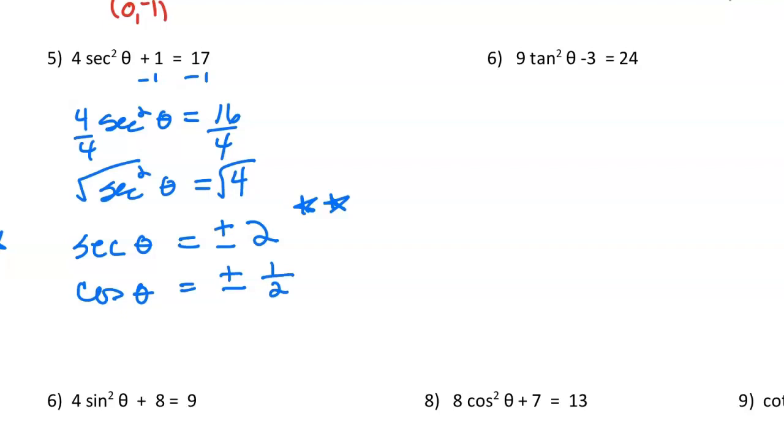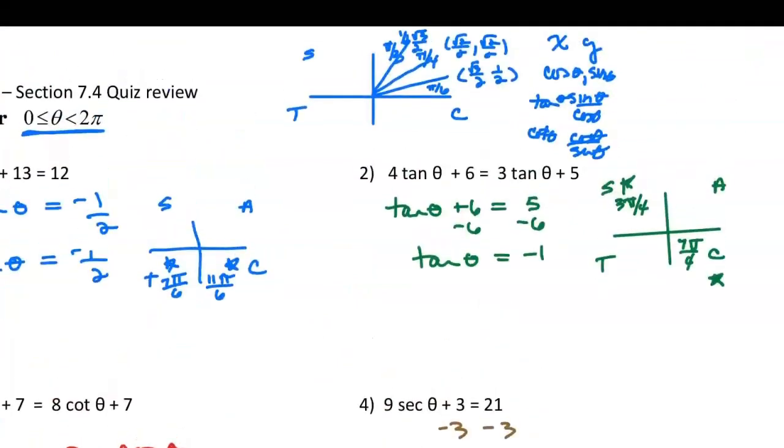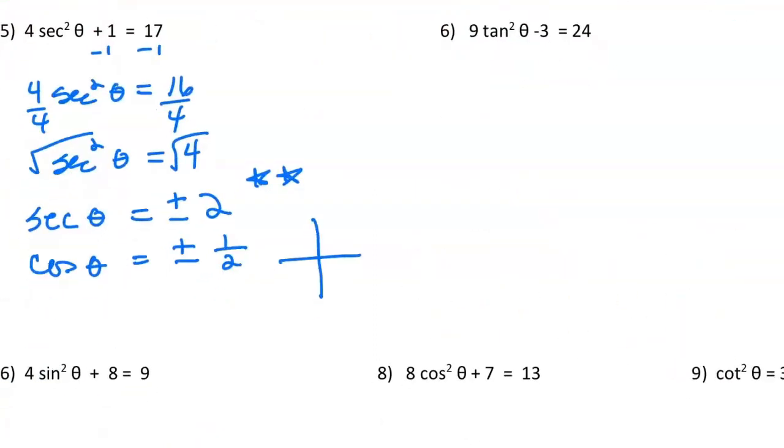I'm going to look back up again at my unit circle. You're going to have all 4 quadrants, but cosine is equal to 1/2 when you're at the pi over 3 angle. So you're going to have all of the pi over 3 angles. Here's a positive for cosine. Here is a negative for cosine. No problem, because I have to have negative answers as well.